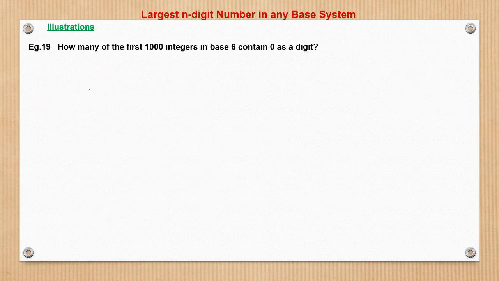Now question number 19: how many of the first 1000 integers in base 6 contain 0 as a digit? So here we'll have to make cases, I think 3 different cases.